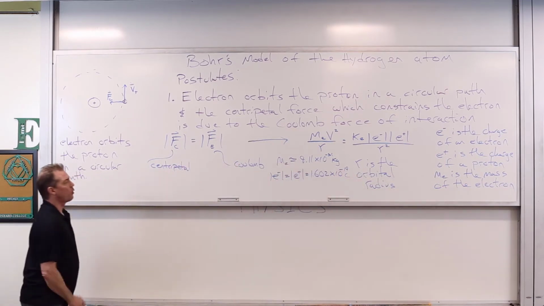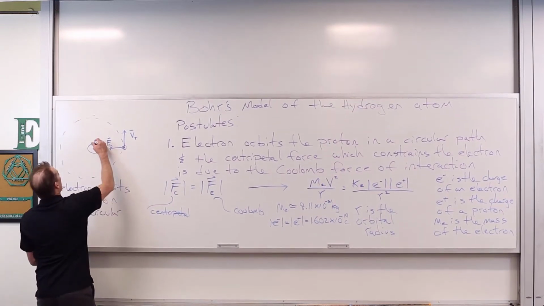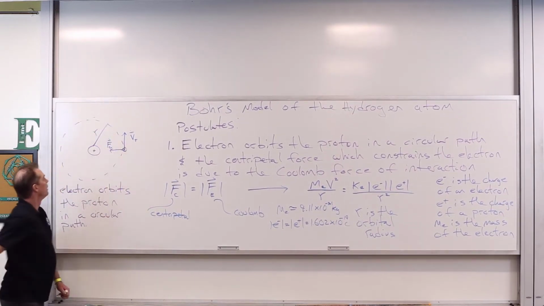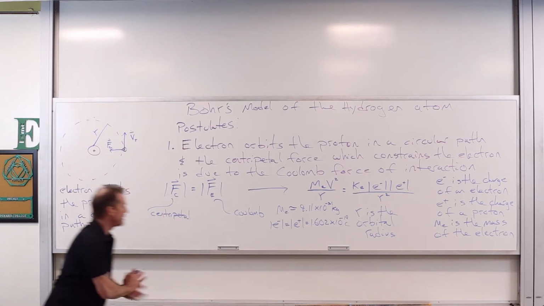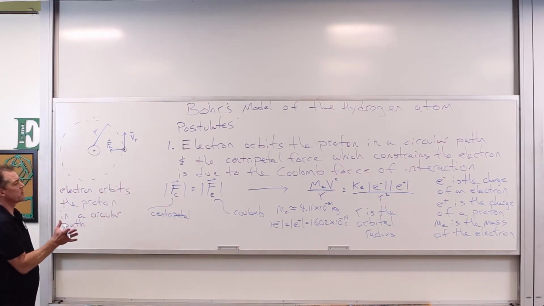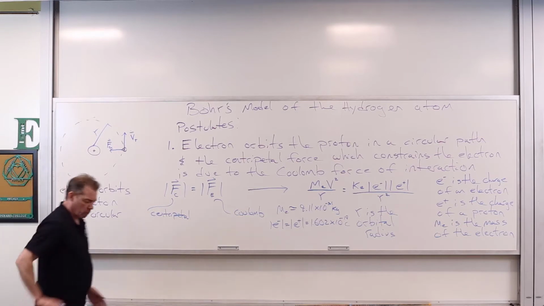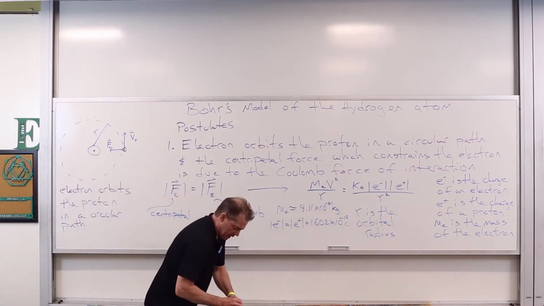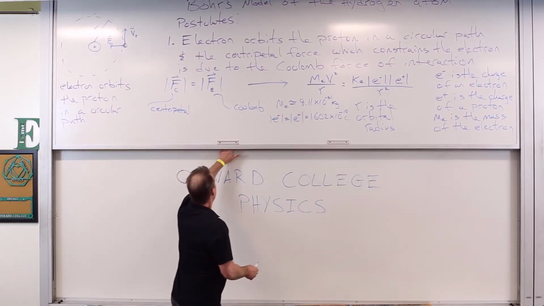And there was a correlated velocity and a correlated orbital radius. So that was one postulate. That seems reasonable. Fair enough.